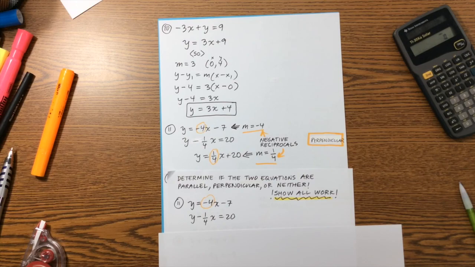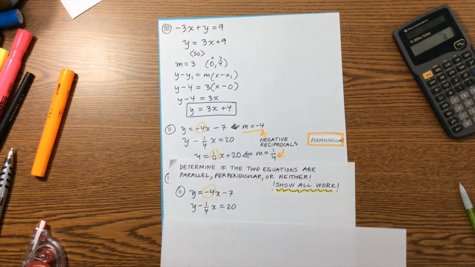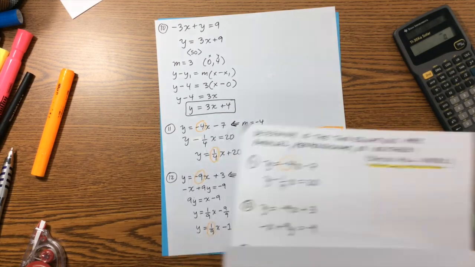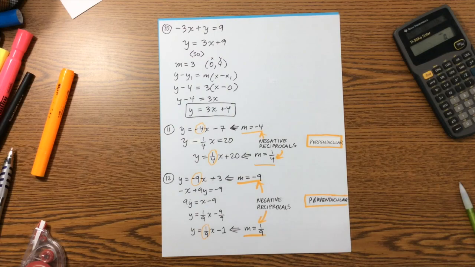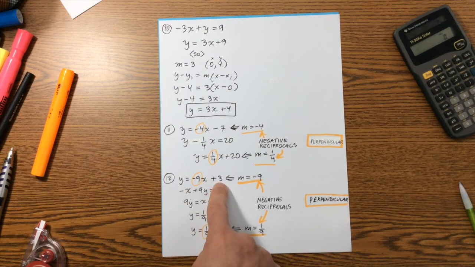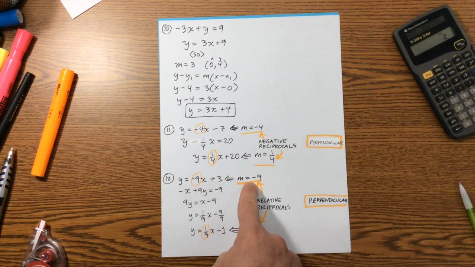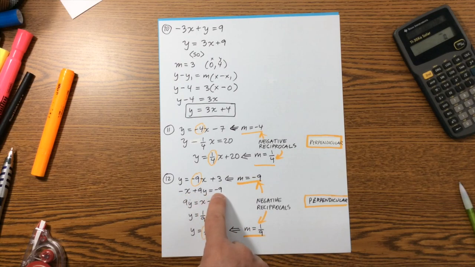You want to take a look at another one? Let's do that. All right. Here it is. So again, what I did here was I wrote out the first equation and identified its slope. Then I wrote out the second equation. Obviously, it's not in a form where I can easily see what the slope is.